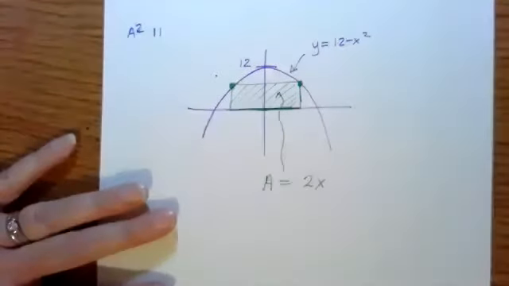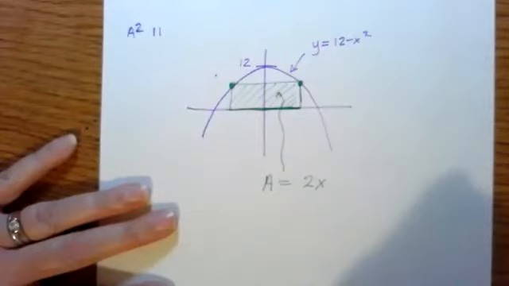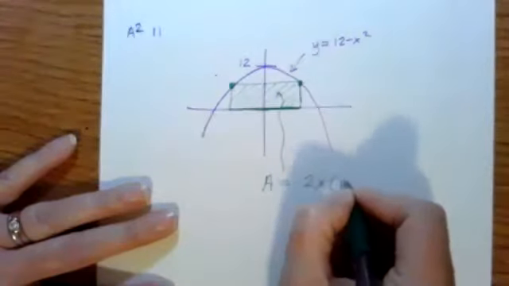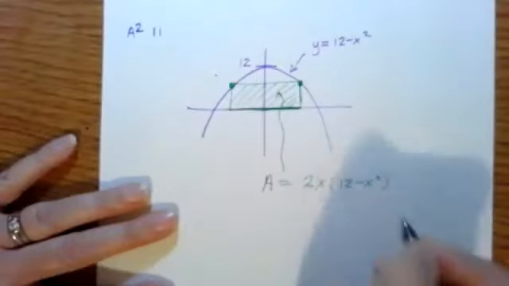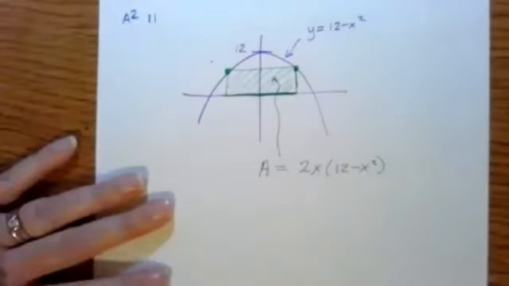Area equals 2x times the quantity 12 minus x squared. But I kept getting confused, and there's like several places in the homework, but I just didn't know. You have to find the domain to find the max and the min, and I don't know how to find the domain of that. Me too.